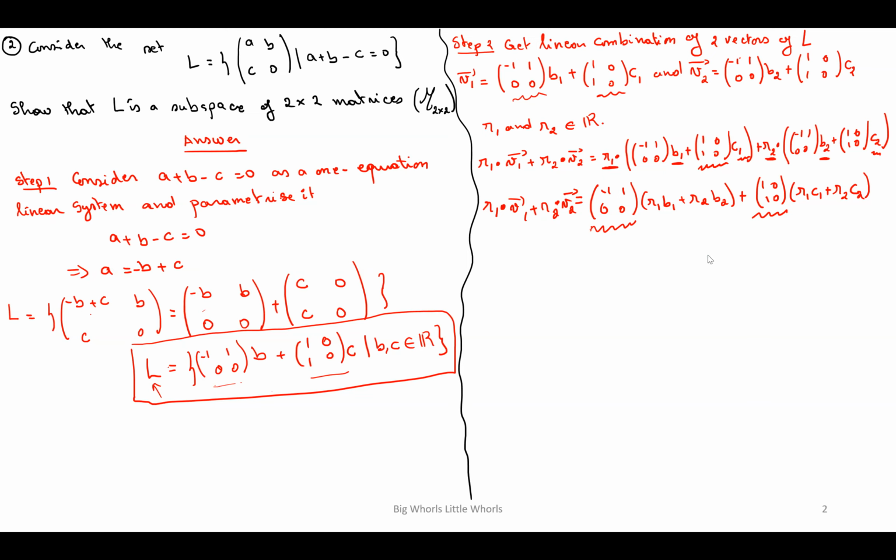I love that lemma, if you remember. So this whole thing is an element of our space, our subset L. This whole thing belongs to L because it is a combination of these two basic vectors. And r1 b1 plus r2 b2 is just a scalar.